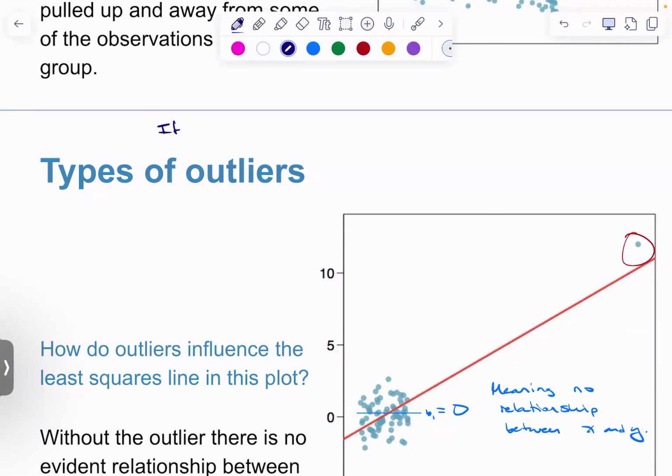I'll write down what we talked about. If we have outliers, potentially more than one, we usually fit the model with all the data.